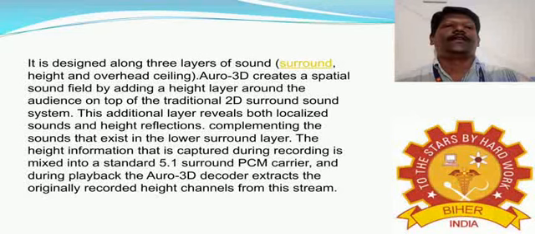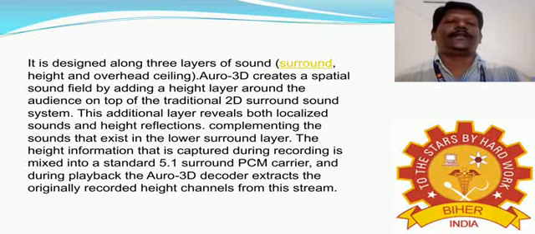It's designed along 3 layers of sound. Auro 3D creates a spatial sound field by adding a height layer around the audience on top of the traditional 2D surround sound system. This additional layer reveals both localized sounds and height reflections, complementing the sounds that exist in the lower surround layer.